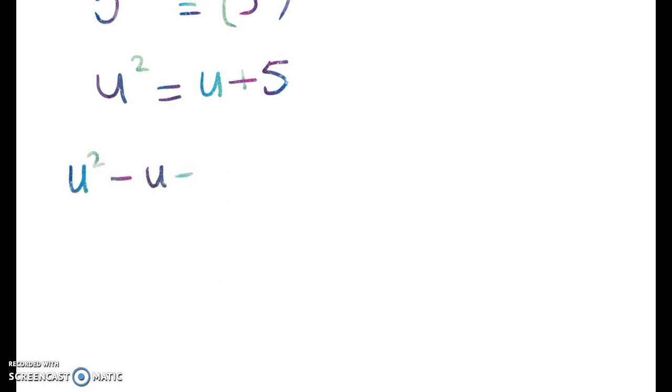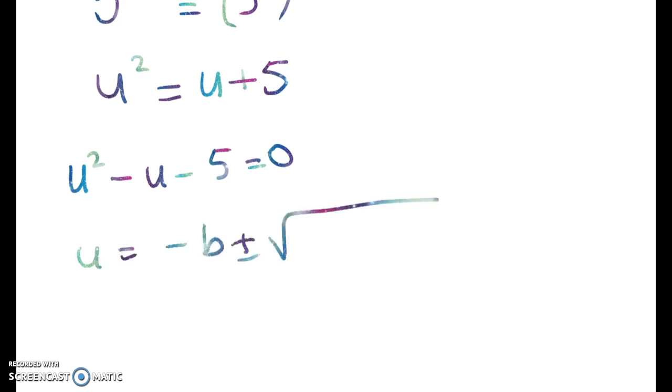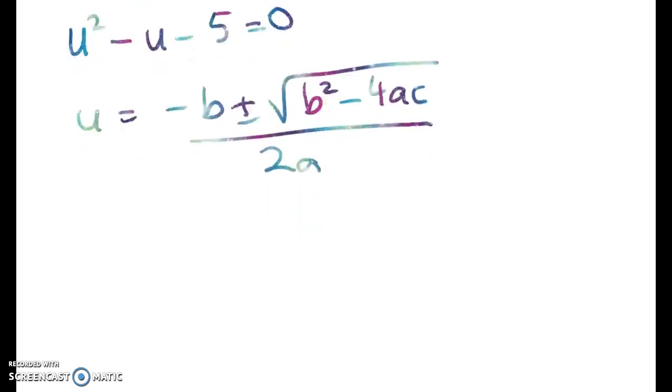U squared minus u minus 5 equals 0, and I'm going to use the quadratic formula. So u will be negative b plus or minus the square root of b squared minus 4ac over 2a.